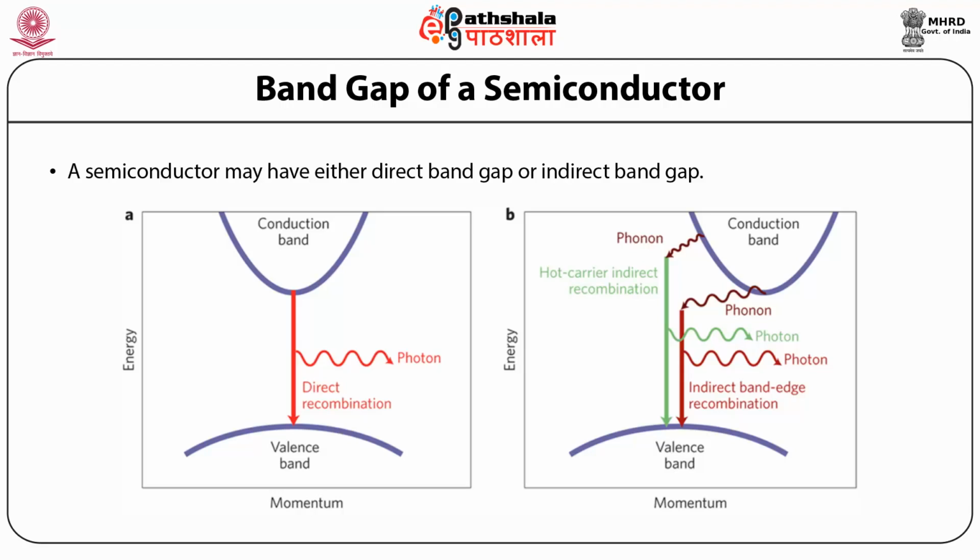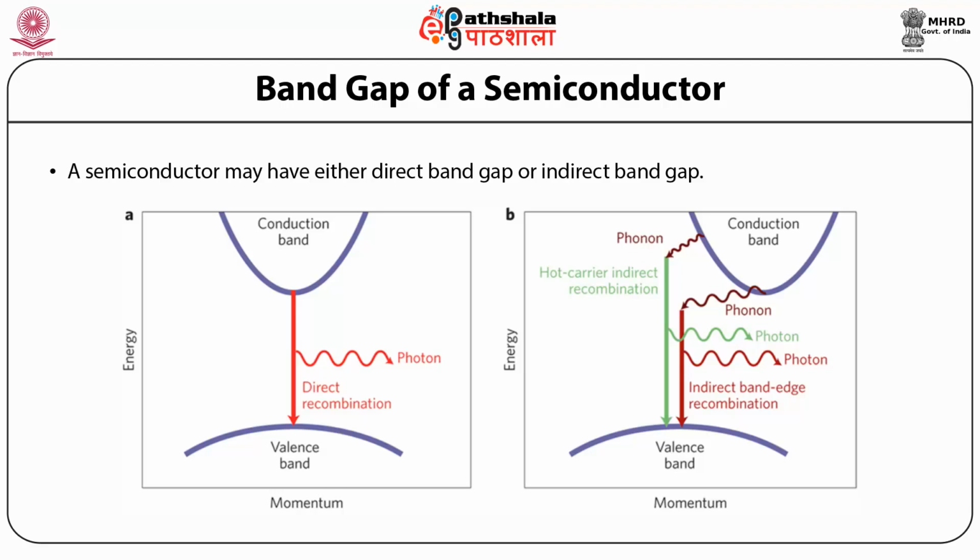In an indirect band gap semiconductor, the maximum energy of the valence band occurs at a different value of momentum to the minimum in the conduction band energy. A photon of energy Eg, where Eg is the band gap, can produce an electron hole pair in a direct band gap semiconductor quite easily, because the electron does not need to be given very much momentum.